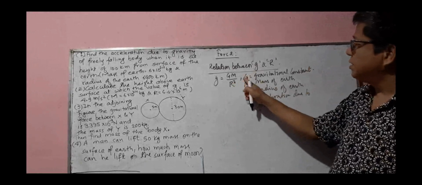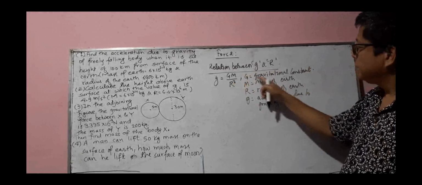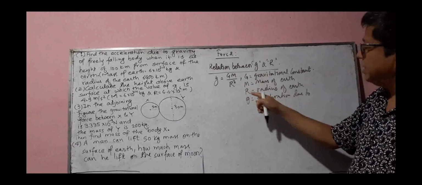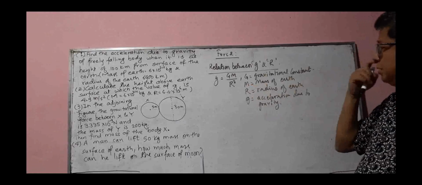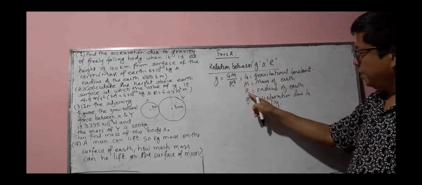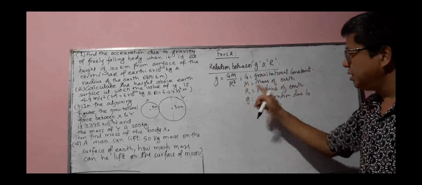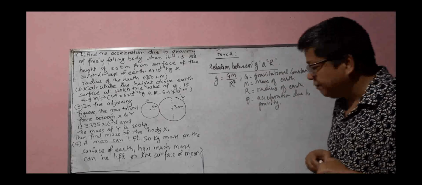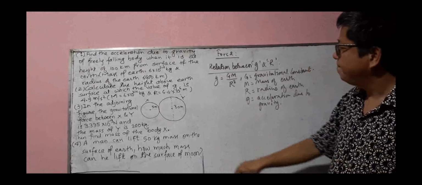The gravitational constant is a constant quantity and mass of the Earth is also constant, but the radius of Earth is not a constant.